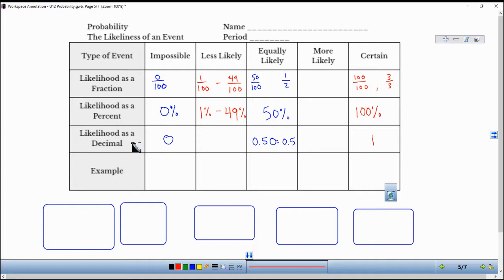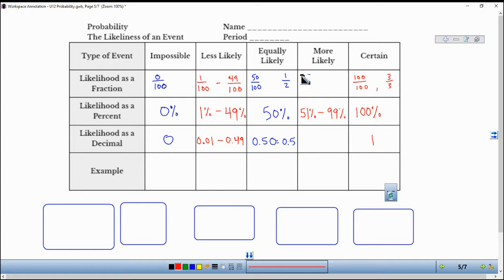As a decimal, 1/100th is 1%. It's 1 out of 100. And 49%, 49 out of 100, would be 49 hundredths. So somewhere in that range would be less likely. The last one would be more likely, and that's somewhere between 51% to 99%. So it's not certain to happen, but it's more likely that it may happen.